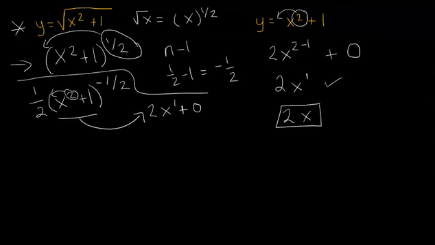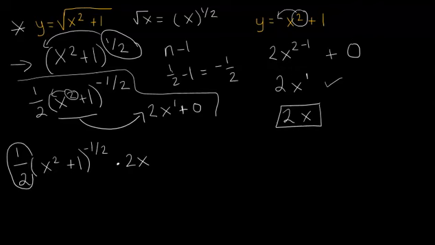This is what I have going on right now. I'm going to clean it up. So I have half times x squared plus 1 to the negative half times 2x. Now maybe your instructor is okay with this as the final answer, but we can simplify further.